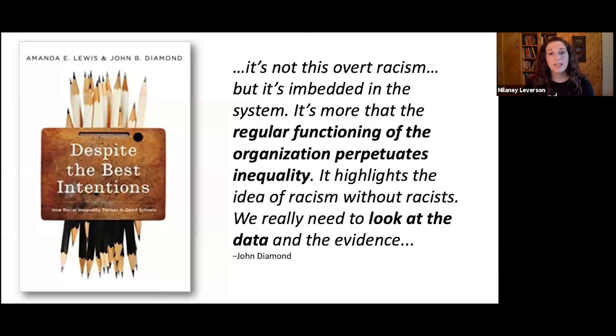And as the authors state, we have to look at the data and the evidence. Disaggregating data by looking at how specific populations of students perform will show us the path to improvement. We need to begin disaggregating data with more sophisticated methods to see what's really happening. And that's why we feel that risk ratio is a good tool and a good place to start this work.